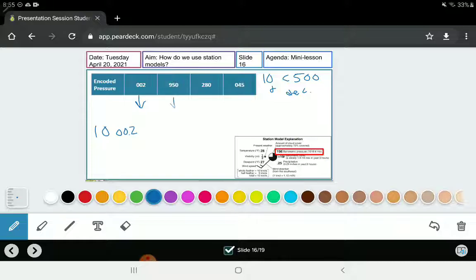This one, 950, is greater than 500, so we're going to put a 9 in front, then put a period before the last digit and add millibars to the end. You guys will do 280 and 045 yourselves.